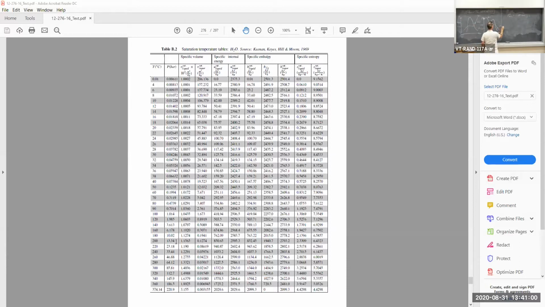Mathematically, Psat, which is 15.54 bar, is greater than the pressure, which is 5 bar. Our actual pressure is below the boiling pressure, so we're in a superheated vapor.